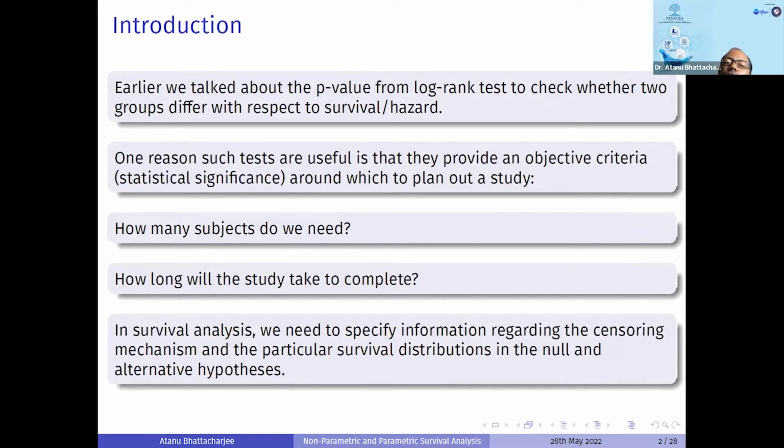Now the questions come: how many subjects do we need, and how long will the study take to complete? To some extent we understand that, and last day, while talking about sample size calculation, we also mentioned it. So now in survival analysis we need to specify the information regarding the censoring mechanism and the particular survival distribution under the null and alternative hypotheses, which to some extent we also covered.